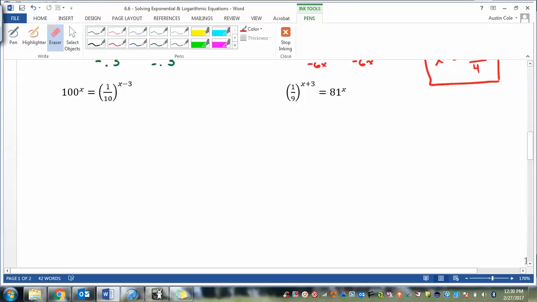Would you guys agree with me that to get 1/10, that's like 10 to the negative first power? So 1 over 10 is the same thing as 10 to the negative first power. And so then I can put my exponent right there. Now, 100 is like 10 to what power?